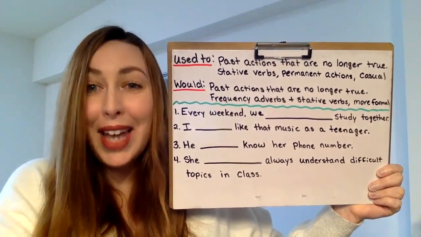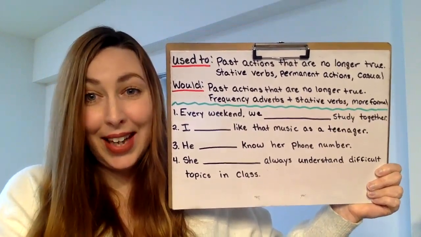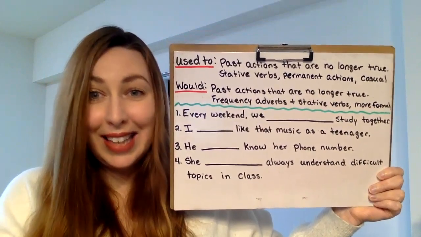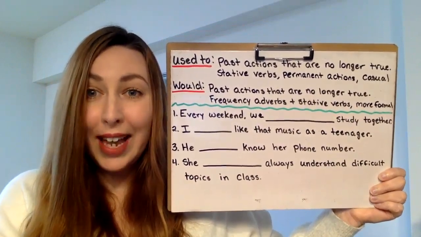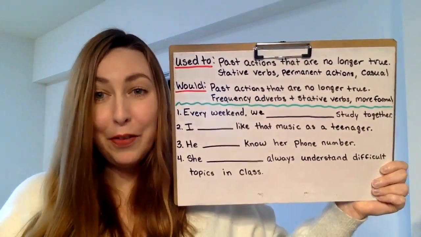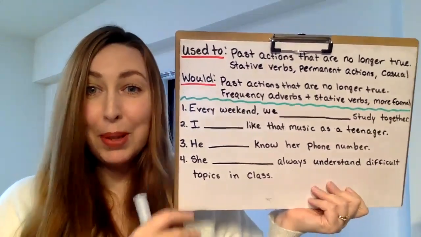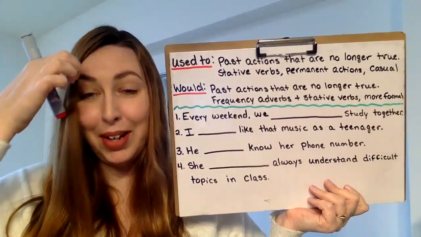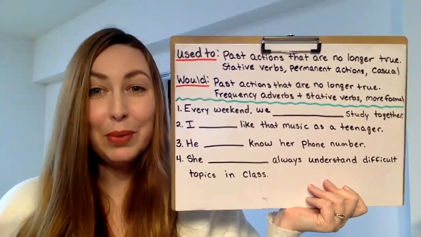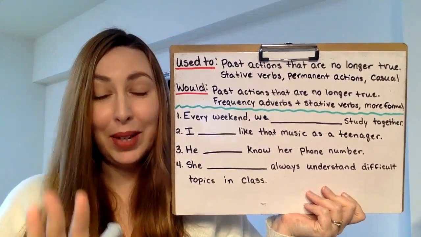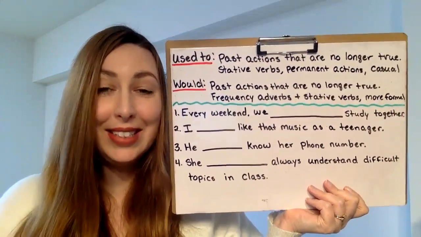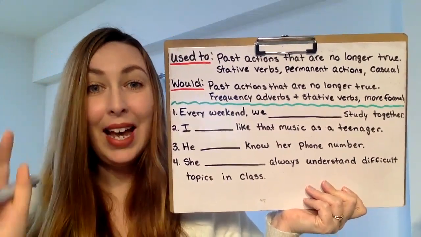I used to like broccoli. Okay, we cannot say I would like broccoli. If you said I would like broccoli, it sounds like you are politely asking for some broccoli right now, okay? So we do not use would with stative verbs typically, okay?